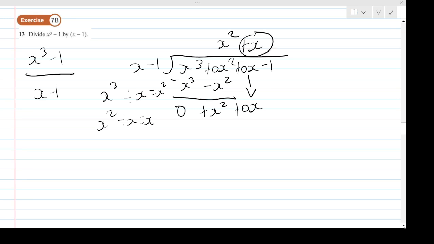Then I times this by all the terms outside: x times x is x squared again, and x times minus 1 is minus x. Again, I need to subtract top and bottom, to get x squared take away x squared is 0 again. And then 0x, take away minus x, again a double negative, that'd be plus x there.